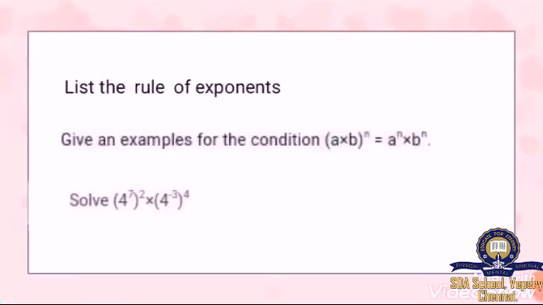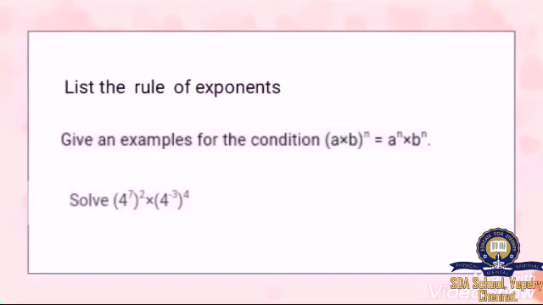Can anyone list the rules of exponents? Yes, very good. The first condition is a into b whole raised to the power n is equal to a raised to the power n into b raised to the power n. The second condition is a divided by b the whole raised to the power n is equal to a to the power n divided by b to the power n. The third condition is a to the power 0 is equal to 1 if a is not equal to 0.